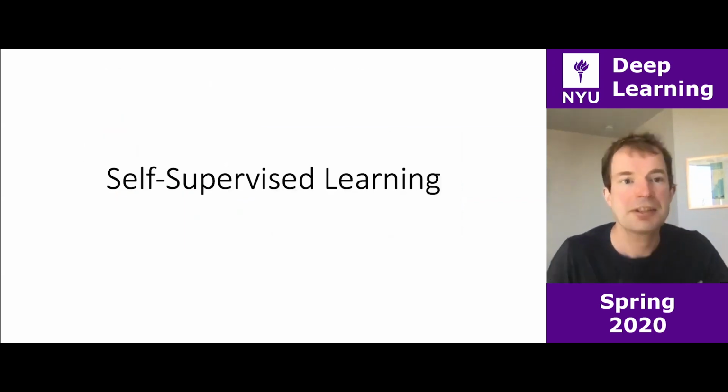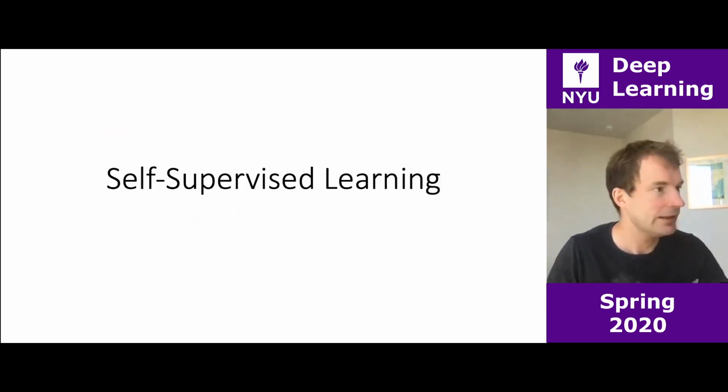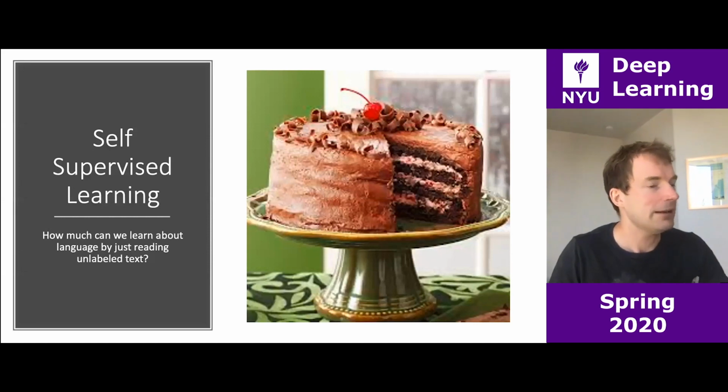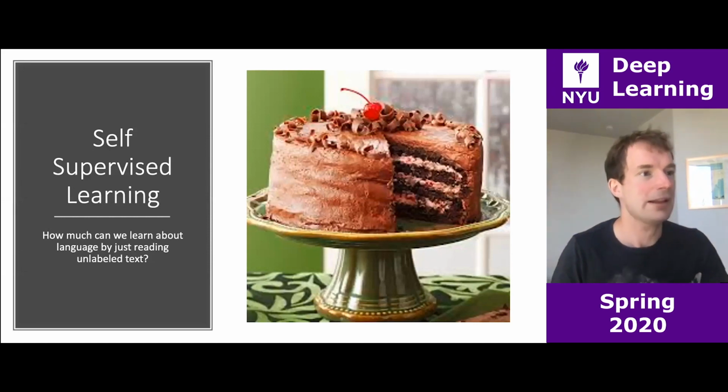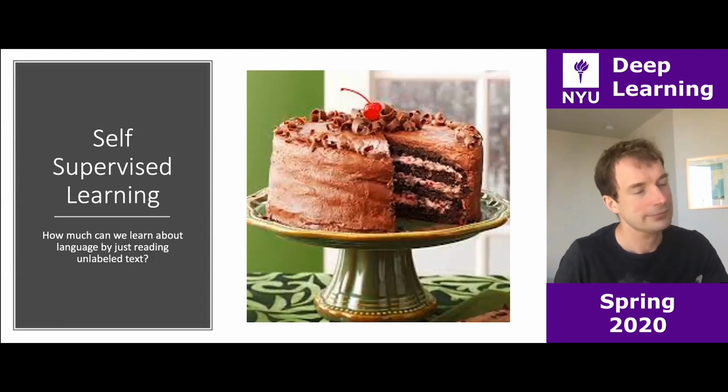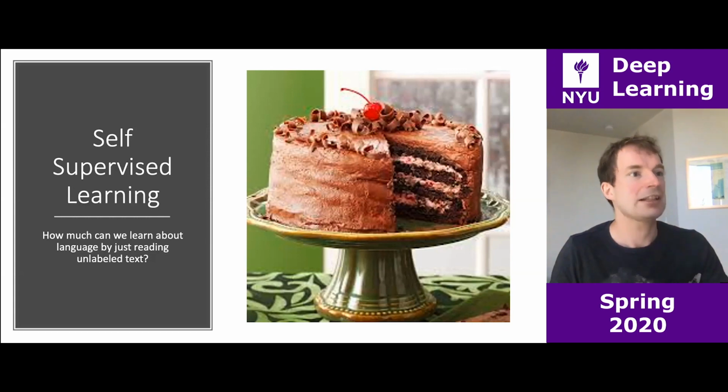Okay, so the last topic I want to cover in this is a really important one, which is self-supervised learning. Right, so Jan must be sick of seeing this cake now, but I think it's actually a good image for this. So the idea is really that to learn stuff, most of the learning we do has to be unsupervised.